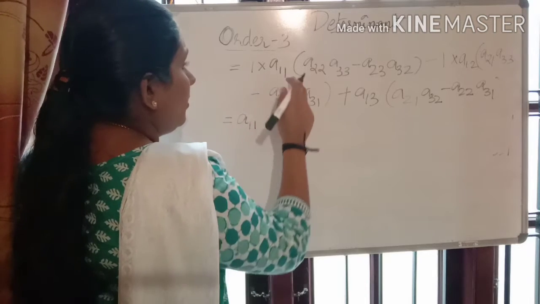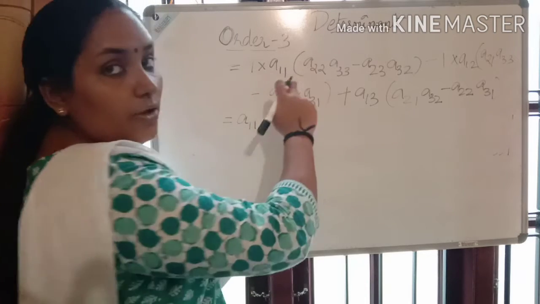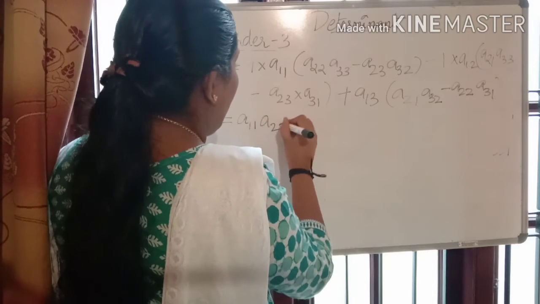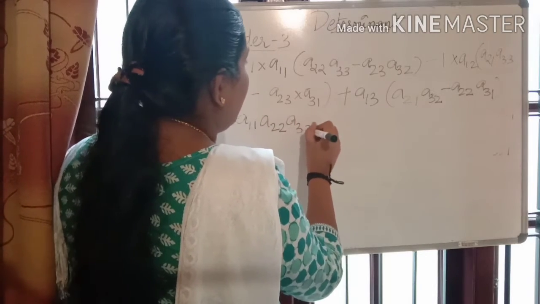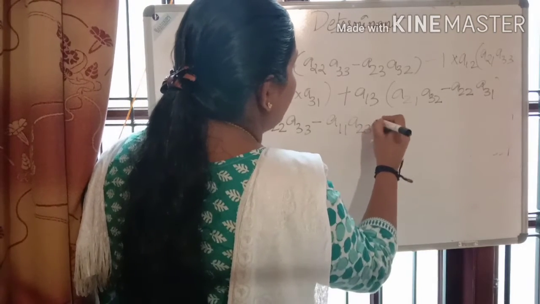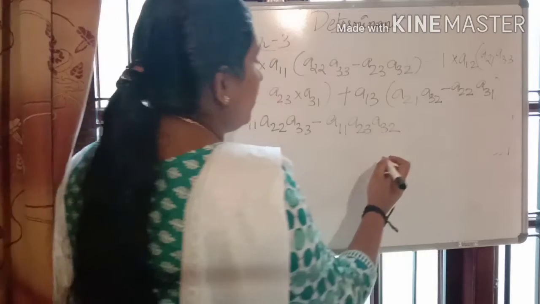A11 multiplied inside: A11 A22 A33 minus A11 A23 A32.